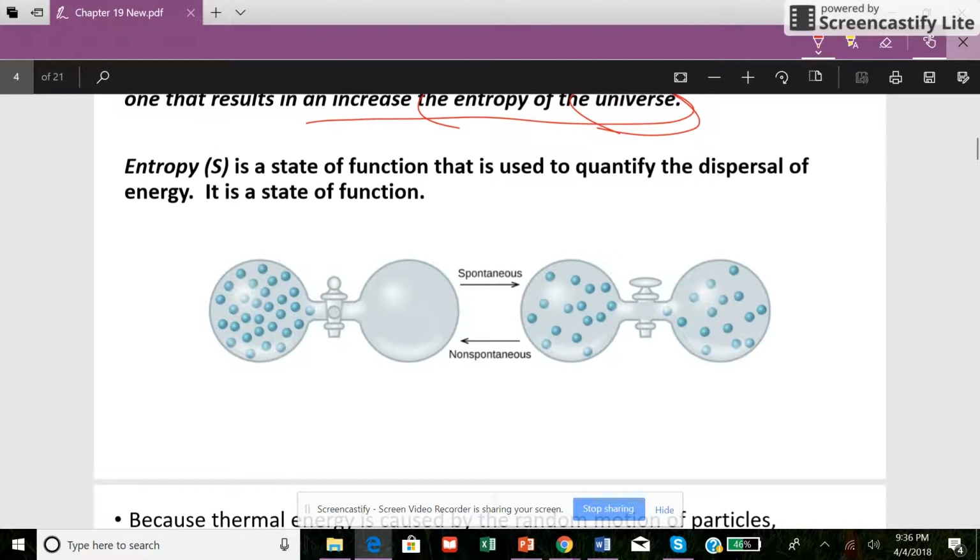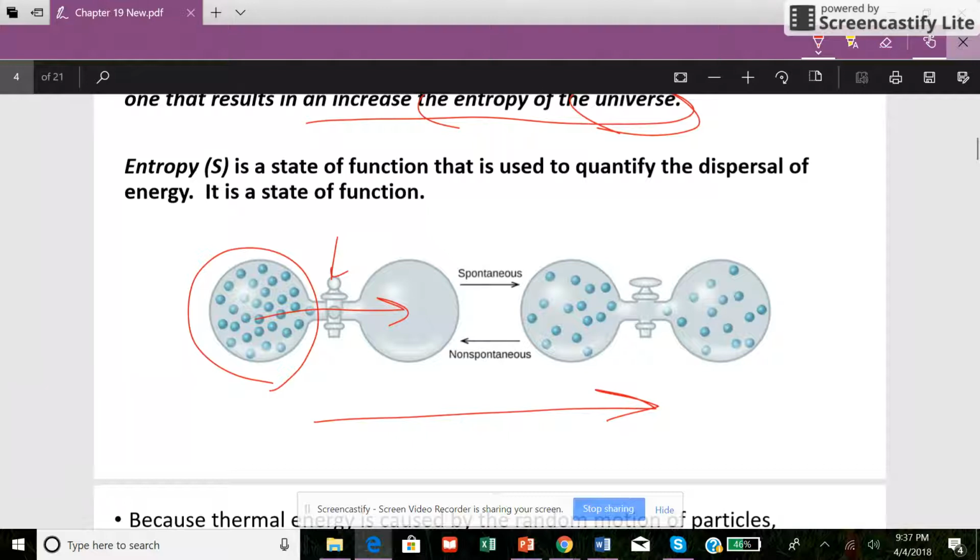So in this one, you see that you have gas concentrated in this side of the glass container. Then when you open this valve over here, the gas particles start to migrate to the other side, and then it just stays like that. Going from this side to this side, the reaction happens spontaneously, on its own. Why?